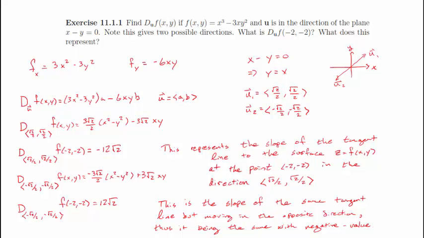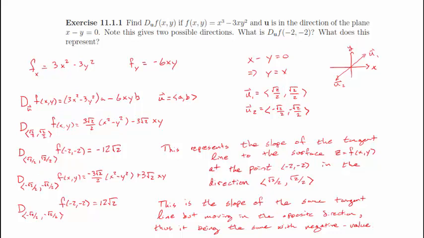So if I look at my u sub 1 vector, then the directional derivative in the direction of root 2 over 2, comma root 2 over 2 of f of x comma y equals 3 root 2 over 2 parentheses x squared minus y squared minus 3 root 2 times xy. Here I've just plugged in the root 2 over 2 for a and b, and I did factor out that 3 also in that first term.